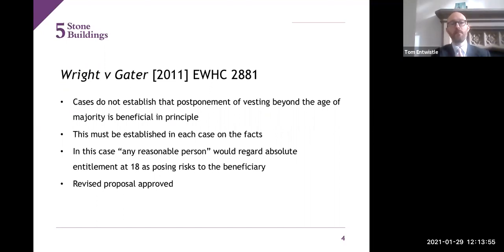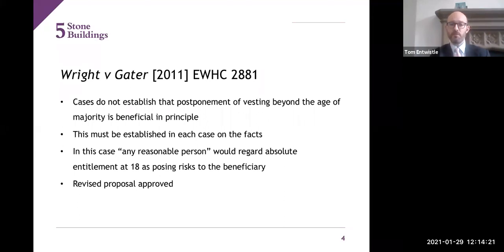In that case, the beneficiary was aged 3. His grandfather had died almost 2 years before the application was made, and his father died the year after that. Both grandfather and the father had died intestate. So the child beneficiary was entitled to the grandfather's estate via the father.